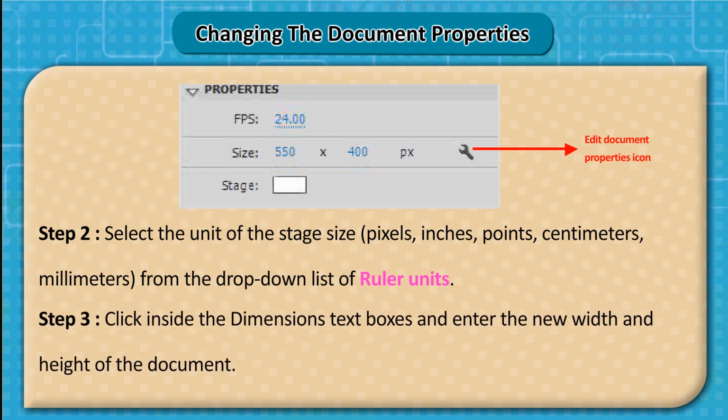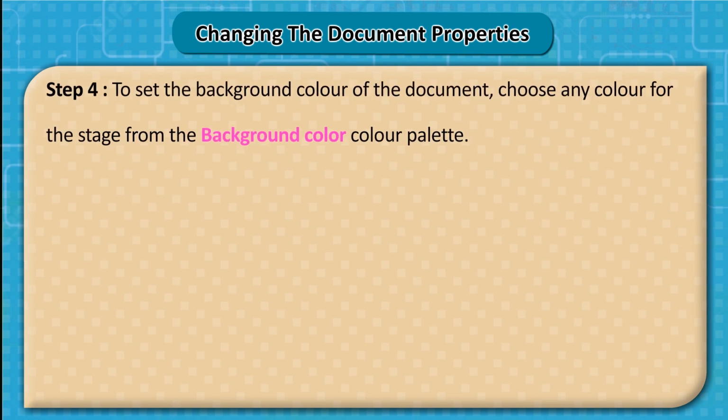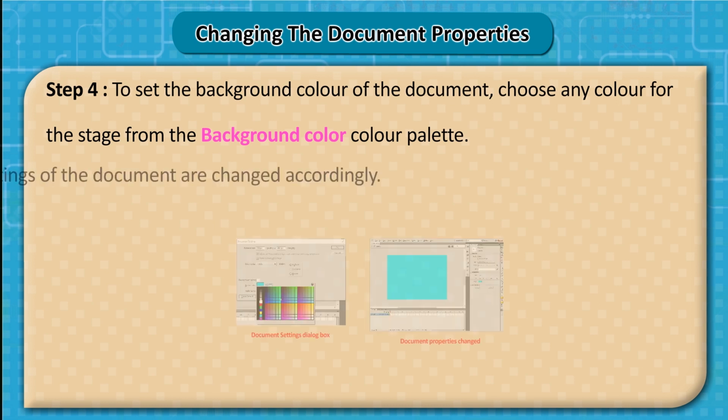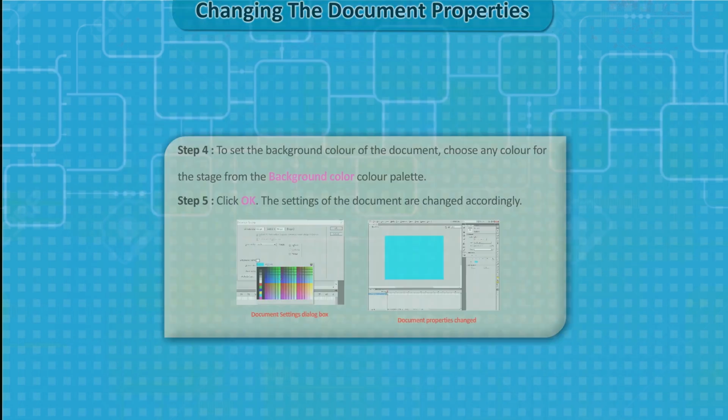Click inside the Dimensions text boxes and enter the new width and height of the document. Step 4. To set the background color of the document, choose any color for the stage from the background color palette. Step 5. Click OK. The settings of the document are changed accordingly.